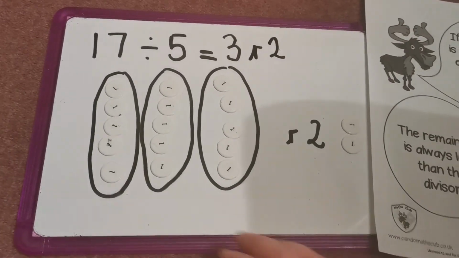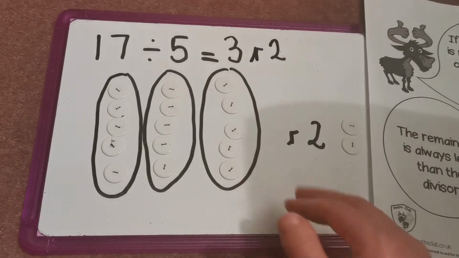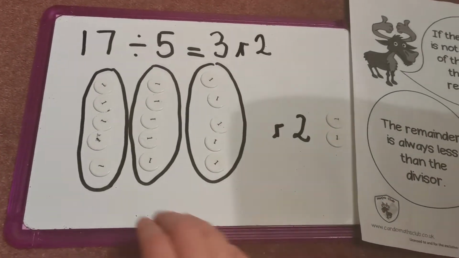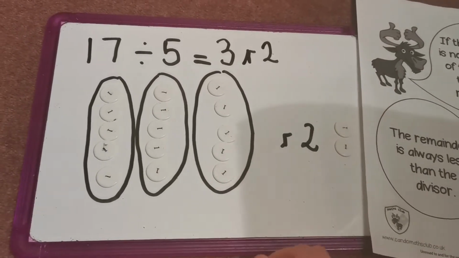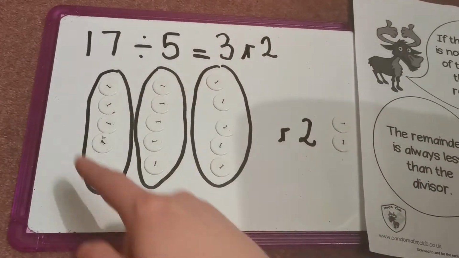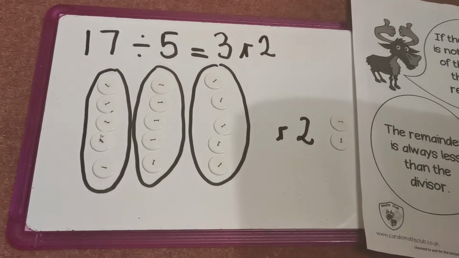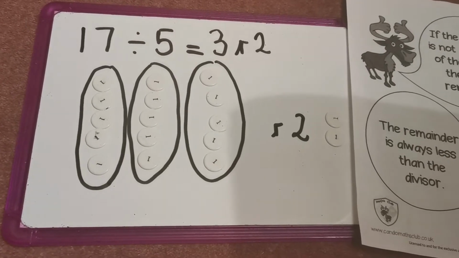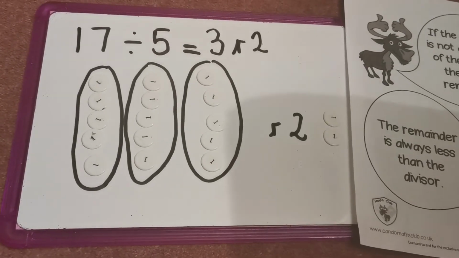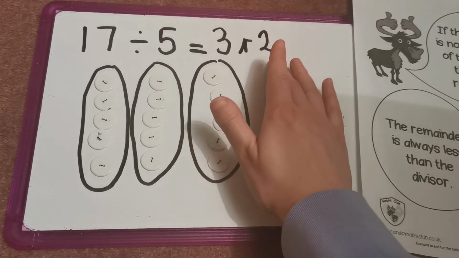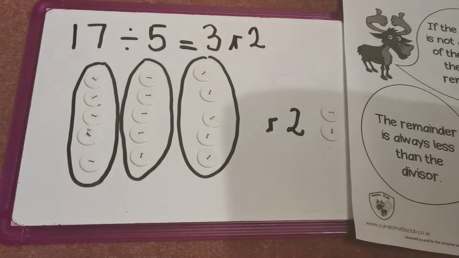It's all about making equal groups and making sure that you're not counting these as a total. So you're not saying 5, 10, 15, the answer is 15, remainder 2. You're not counting how many you've got altogether. You're working out when you divide it into groups, how many groups of 5 do you have? And then if you have any left over, we call that the remainder, and we write remainder 2, R2.